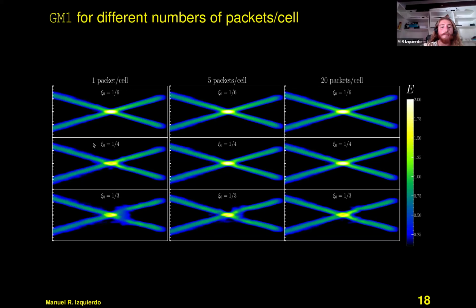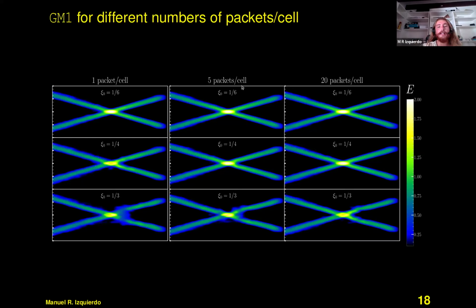We see that as we move this transition point, this chi0, when it starts to get bigger, it means that we are taking more M1 than before. So as we increase the number, we see that the solution starts to degrade a little bit.